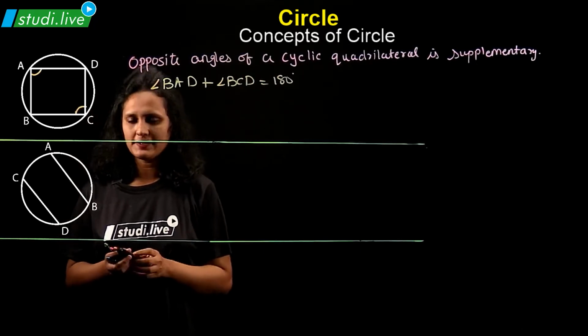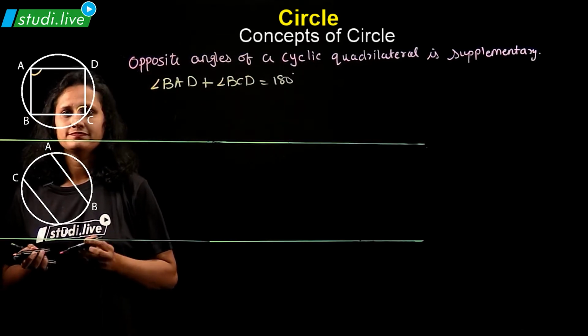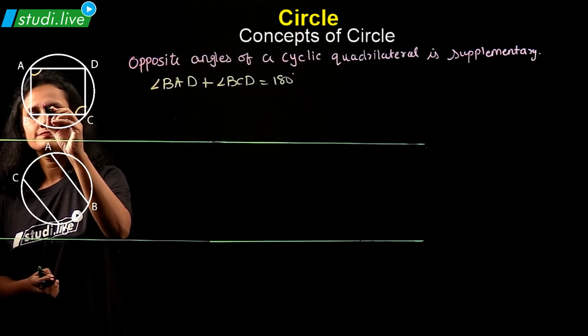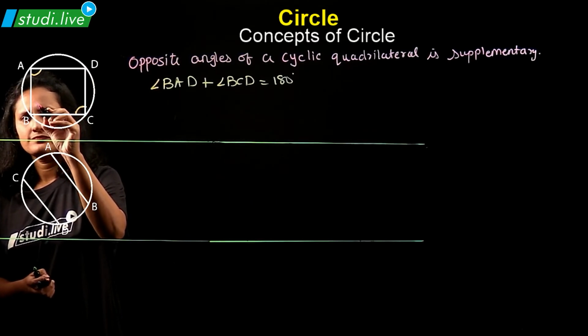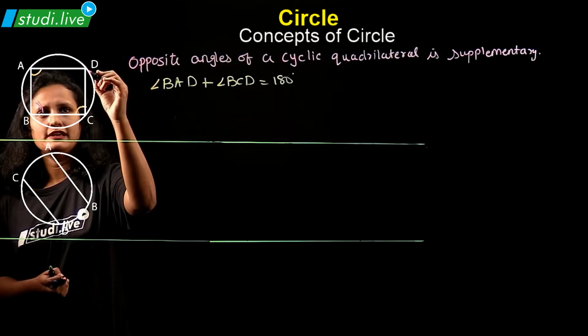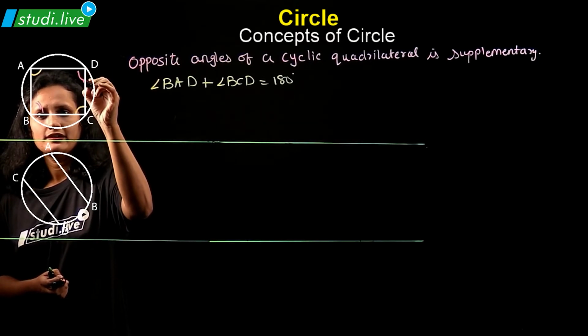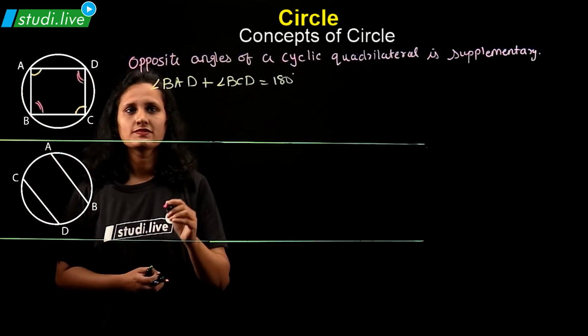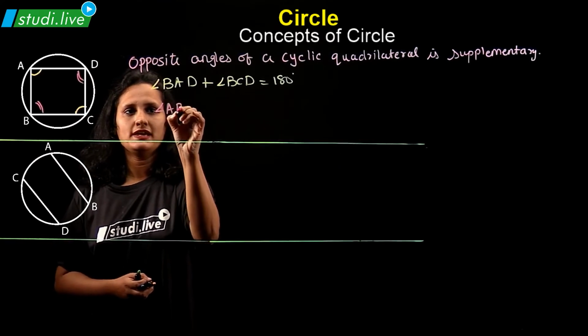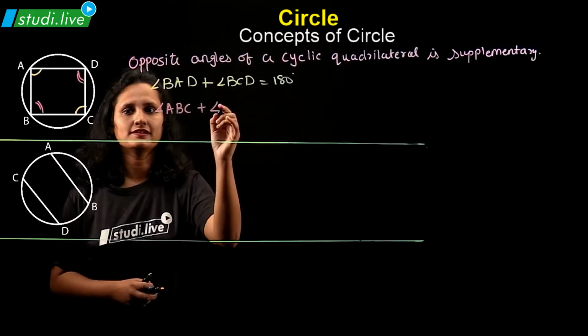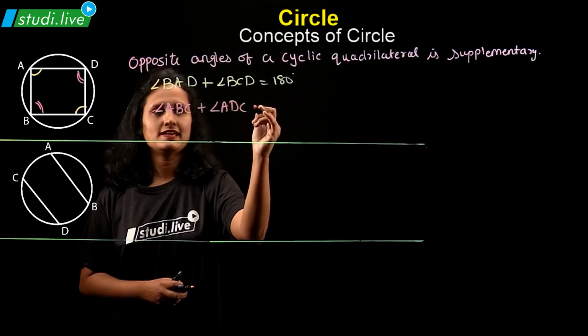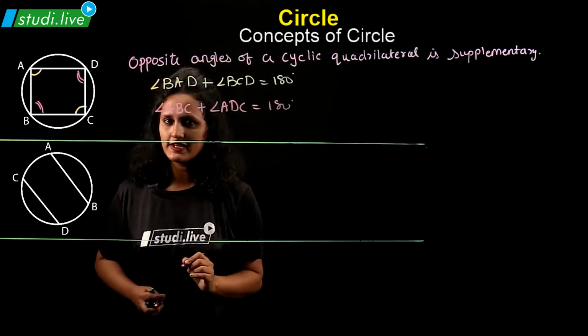So 180 degree, and angle B and D are also opposite angles. So angle ABC plus angle ADC is equal to 180 degree.